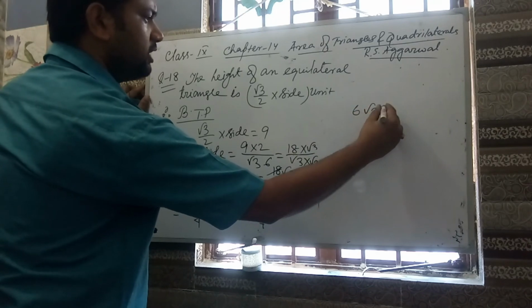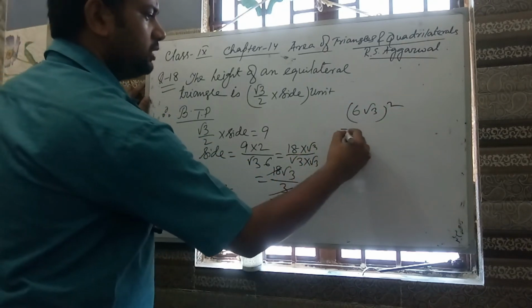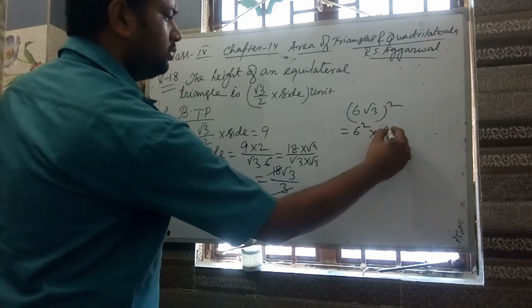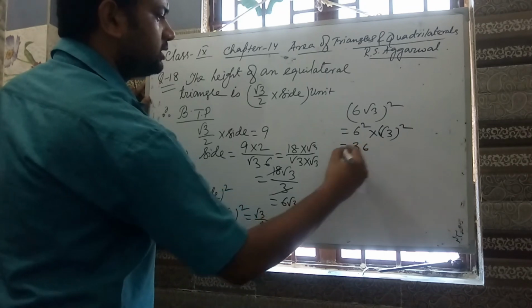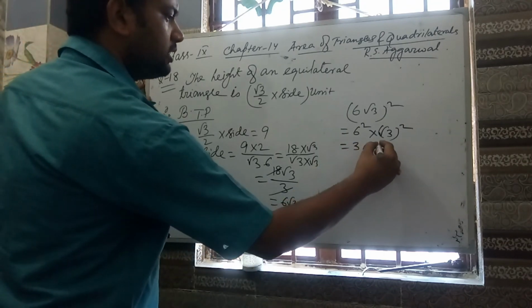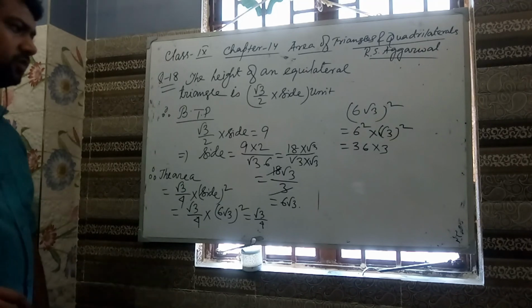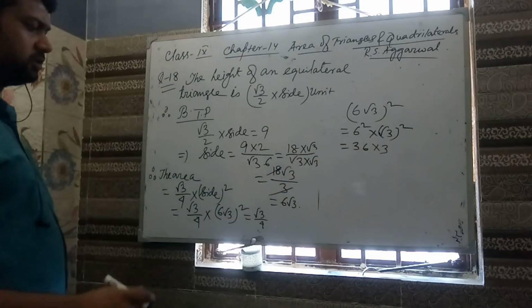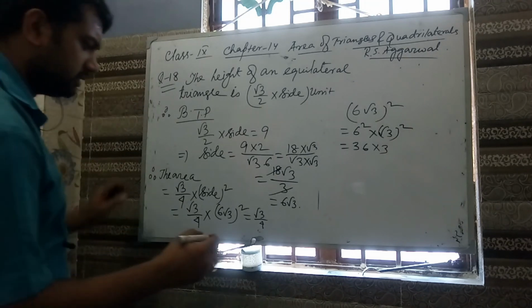6 root 3 whole square means 6 square into root 3 square. 6 square is 36 and root 3 square is 3. So it will be 36 into 3. You can multiply or you can keep it as it is.